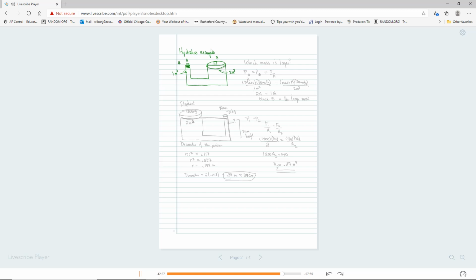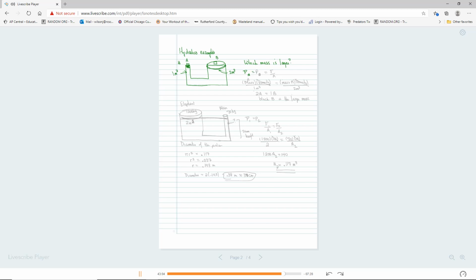So just to get our brains going back to hydraulics, which one of these blocks would have to weigh more? The question is, which mass is larger? And I'm going to add, and why.